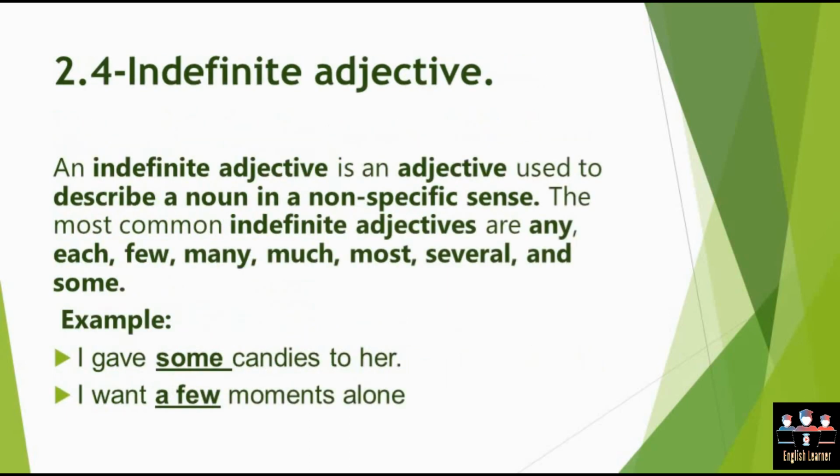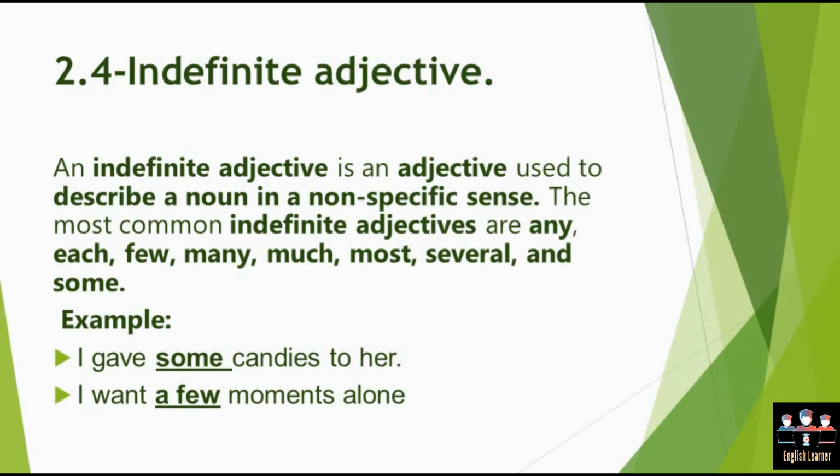Number 4 type is indefinite adjective. In this type of adjective, you are not going to define the adjective with respect to its specification or sense. As the name is indicating, indefinite means non-specific. An indefinite adjective is an adjective used to describe a noun in a non-specific sense. The most common indefinite adjectives are any, each, few, many, much, most, several, and some.